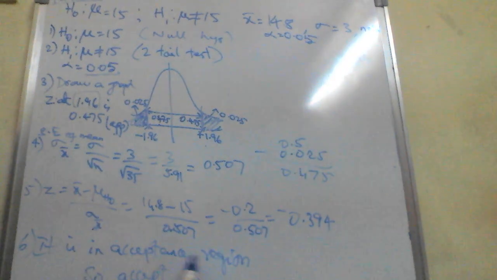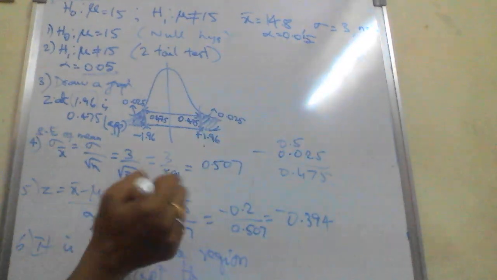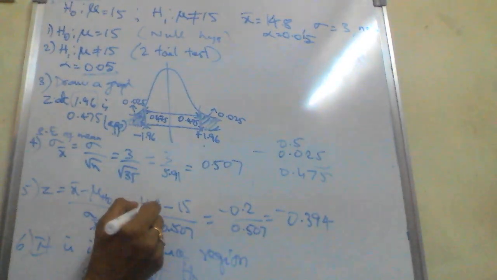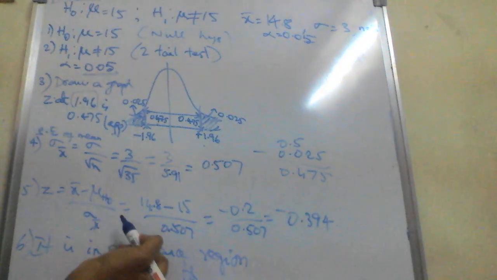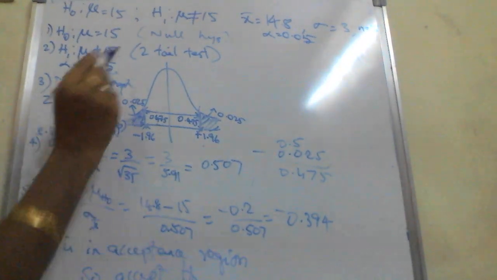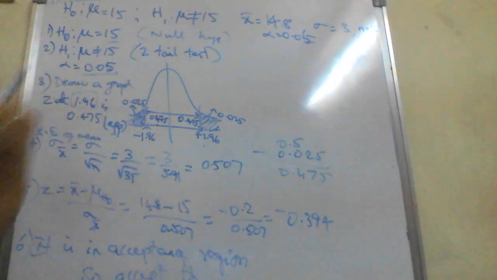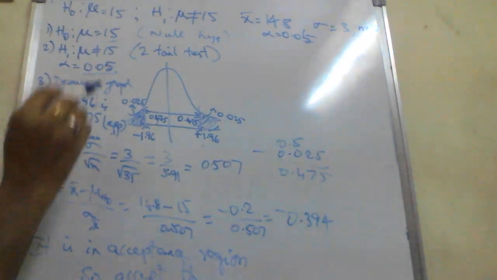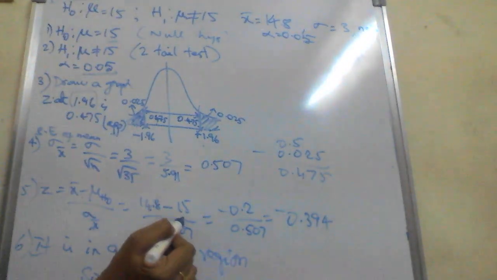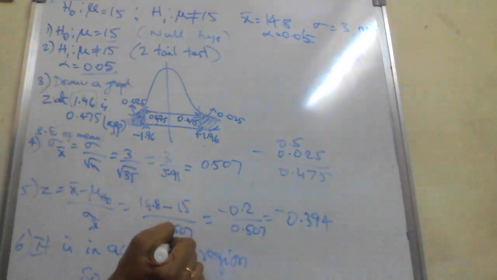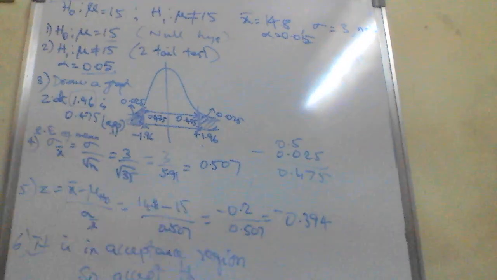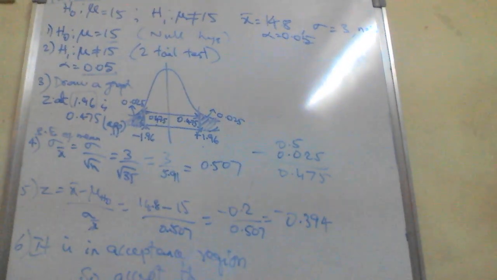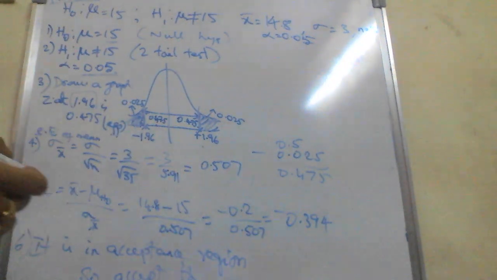So standardizing the sample statistic, Z is x bar minus mu H naught divided by sigma x bar. This is the formula. So x bar, the mean, is given as 14.8, minus mu H naught. Mu H naught means the assumed mean. In the null hypothesis, whatever number you have there, you have to take that, divided by sigma x bar, that is this particular value we got, 0.507.